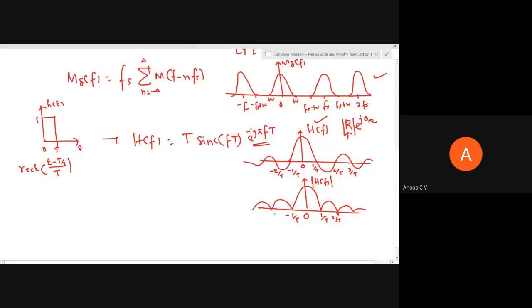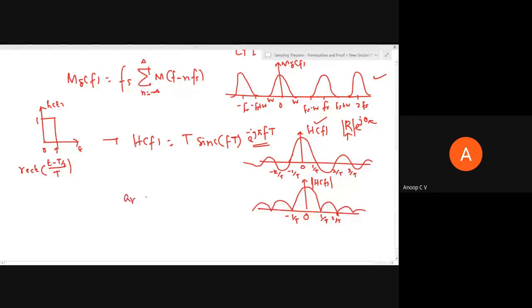Now the question is, what is the phase response? Even though we are not interested in the phase response, many students were asking me doubts about this Fourier transform, so maybe because of that, I'll just discuss this. In this case, whatever is coming along with e power j is actually minus pi f t. So the argument of h of f, or angle of h of f, is nothing but minus pi f t.